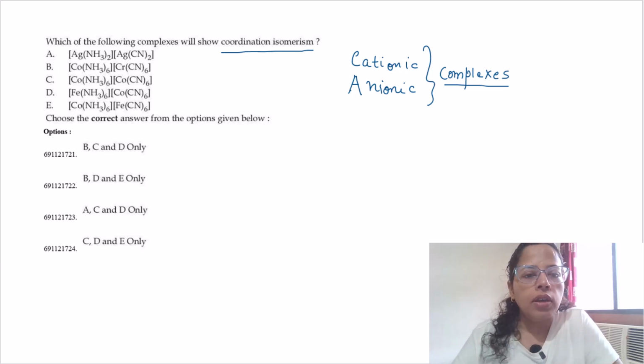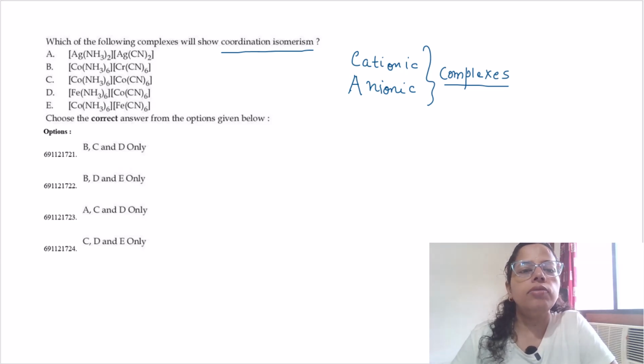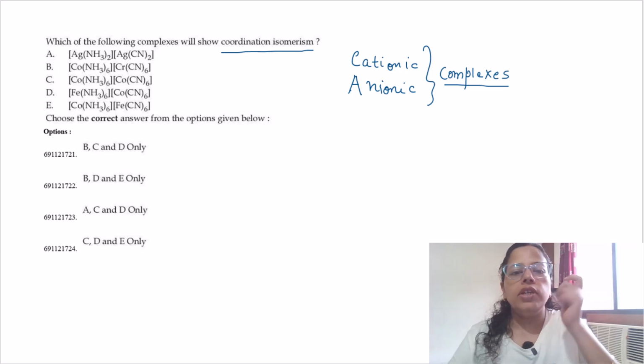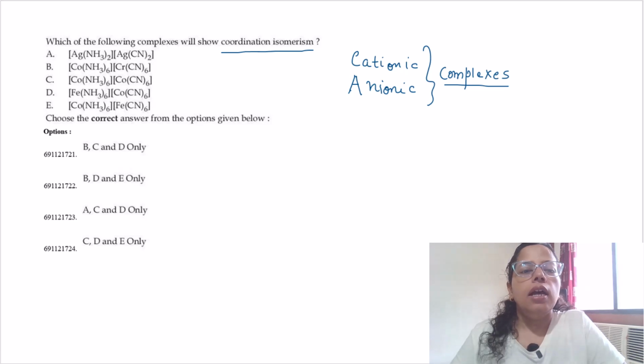Now we can see that in option A we have the same central metal atom with different ligands, and also in option C we have the same metal ion, cobalt, with different ligands. In A we have silver with 2 different types of ligands, and in C we have cobalt with 2 different types of ligands.